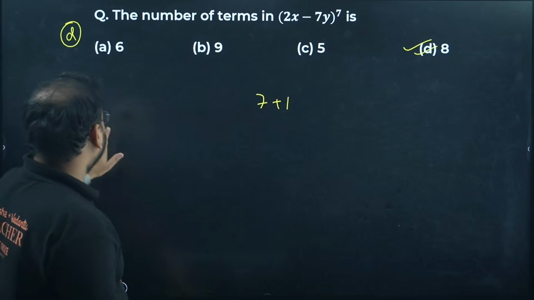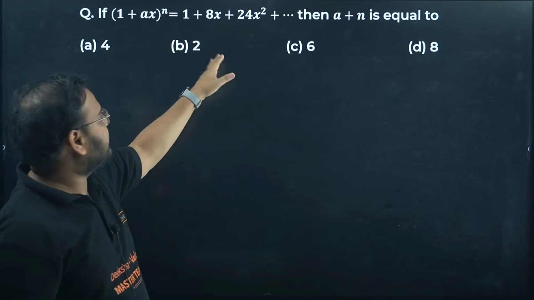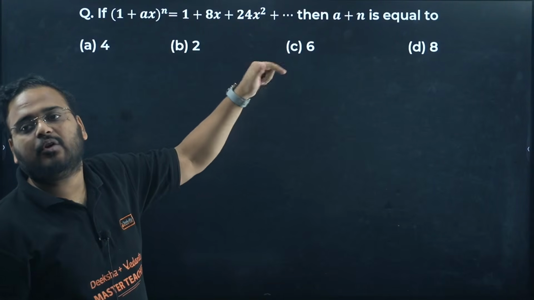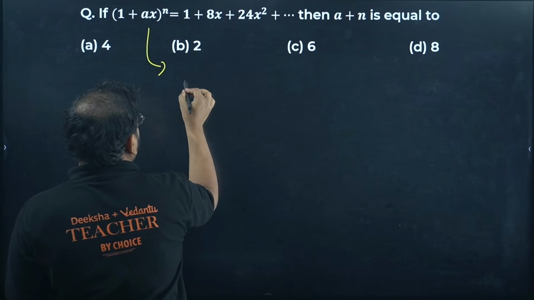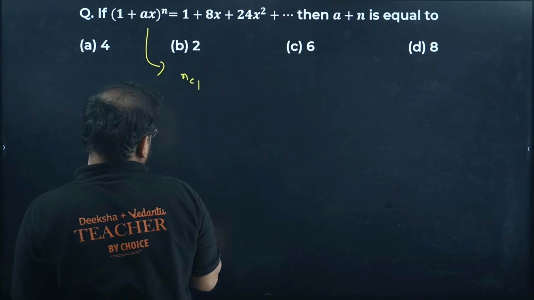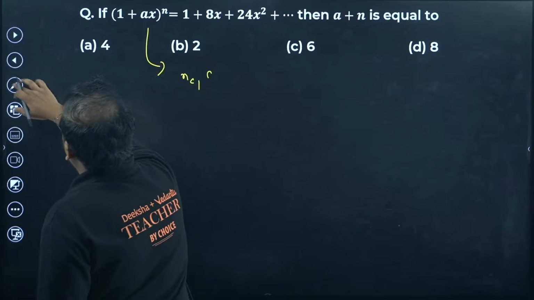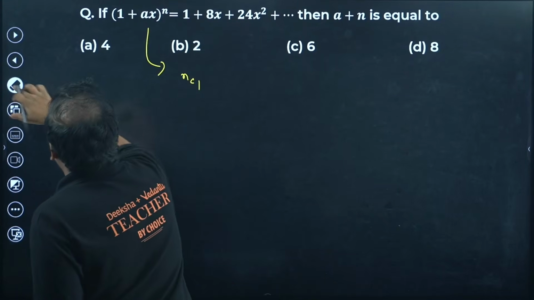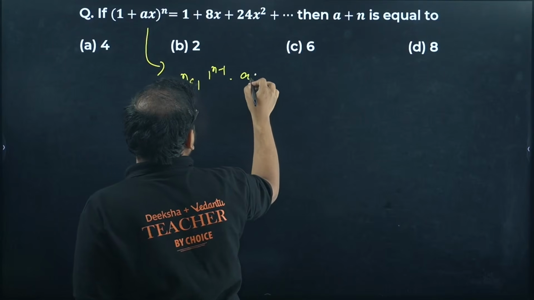Okay. Moving on. 1 plus ax power n, equal to 1 plus 8x, this is the expansion given over here. They are asking us the value of a plus n. Do one thing, find the second term of the expansion from here. You'll have nC1, right? And you'll have 1 power n minus 1 into ax power 1.